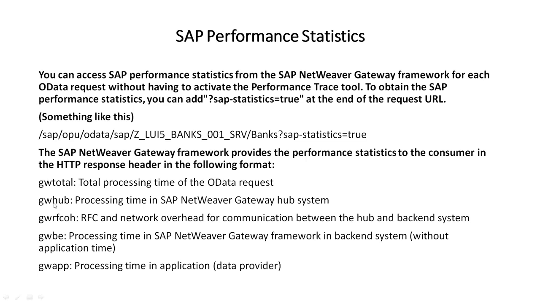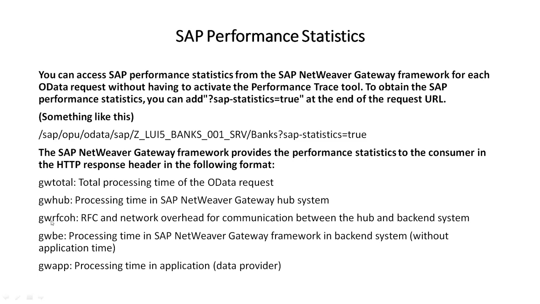The second is gateway hub, the processing time in the SAP NetWeaver Gateway Hub system. And there is a gateway RFC overhead. If you are using a hub system, there is an RFC connection between your hub system and your backend system, so this is how much time it took for the RFC connection to pass the data from hub system to backend and from backend to hub system.